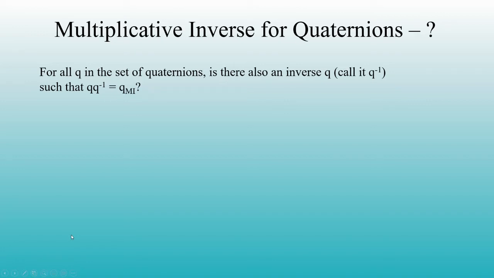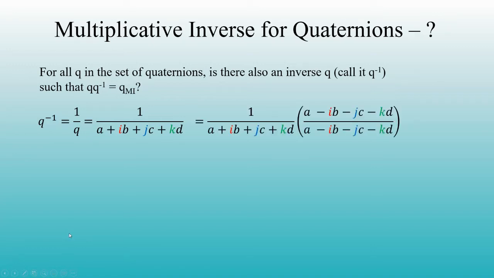And as usual, we will begin by considering the inverse of Q as being equal to the reciprocal of Q. We again run into concerns about the IJKs in the denominator, which may or may not be a problem. We follow the procedure from complex numbers and try multiplying the reciprocal of Q through by unity, where here unity is cleverly chosen to be the complex conjugate, or rather the quaternion conjugate, over itself.